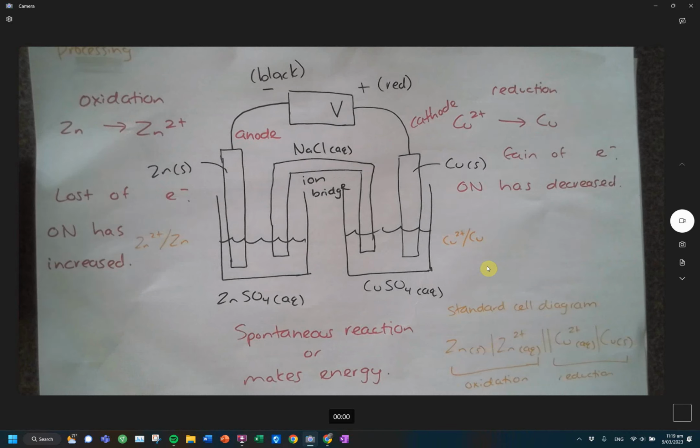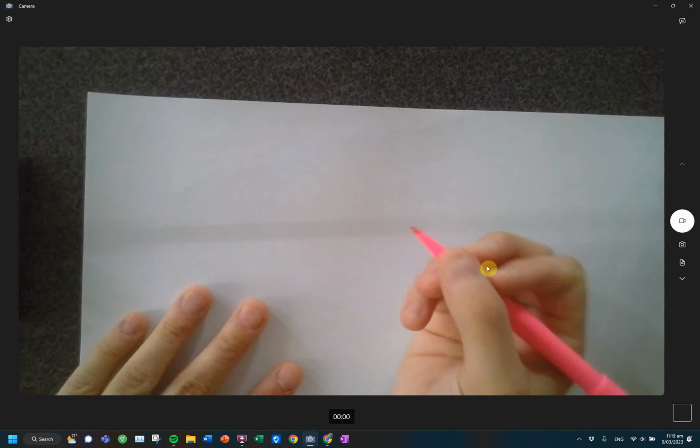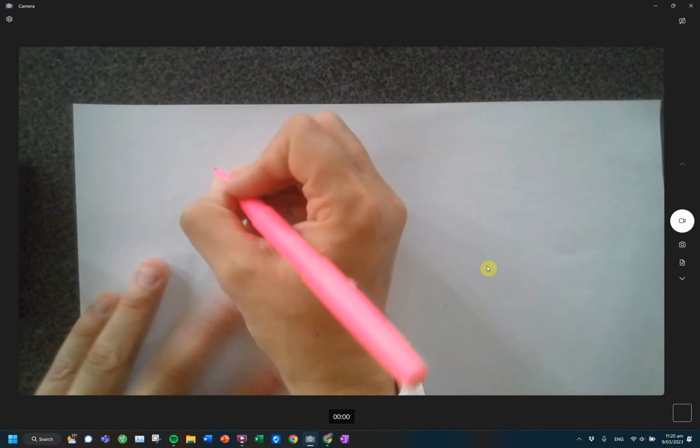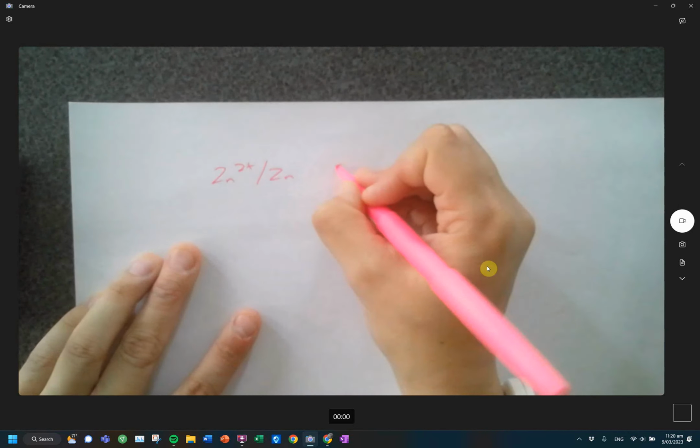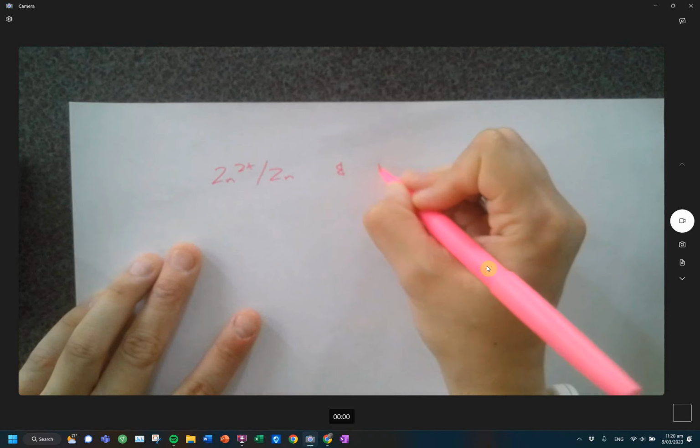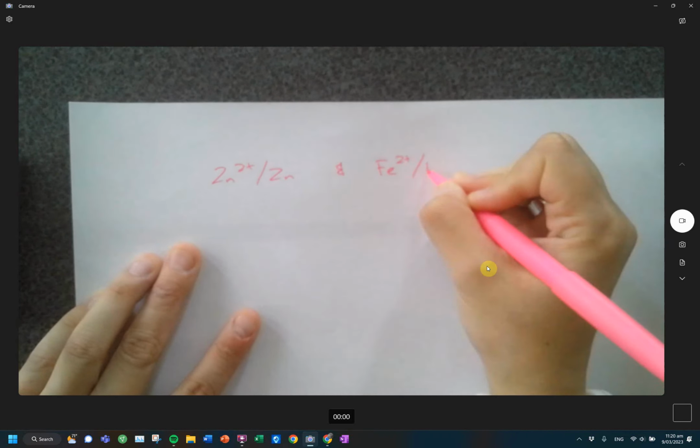So with whatever ionic compounds I give you, it's very different to the electrolytic. So I'm going to give you in these examples, what did I have on the board? Zinc 2+, and zinc, and then I gave you iron 2 and iron.